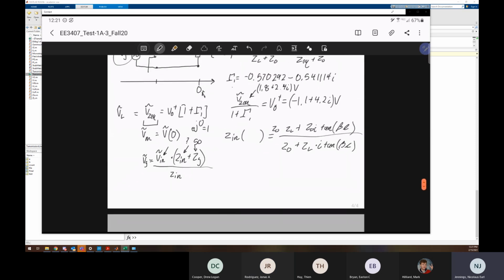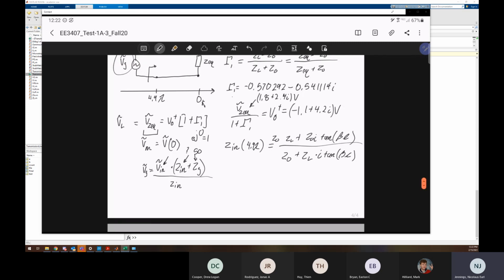So what we'll write is right here 4.9 lambda, and then we'll write 4.9 lambda right here. Lambda still needs to be taken care of, but because of the beta, 2 pi over lambda, the lambdas will cancel out. So I'll let you guys solve this. You're solving for Zn.